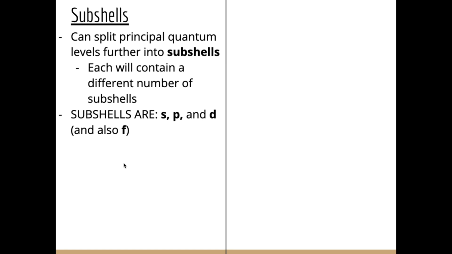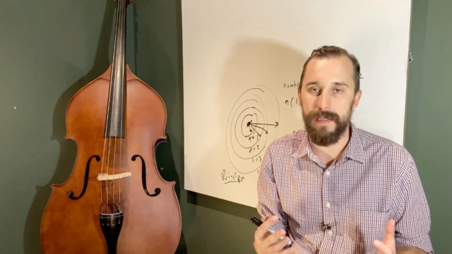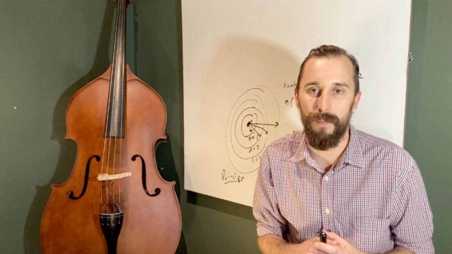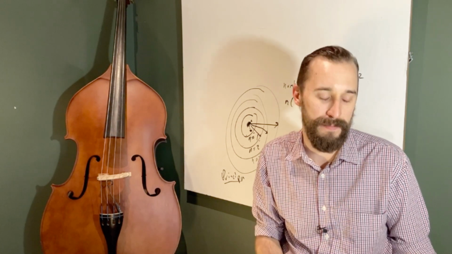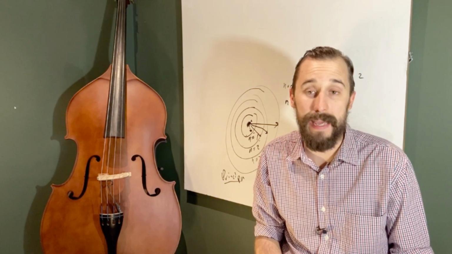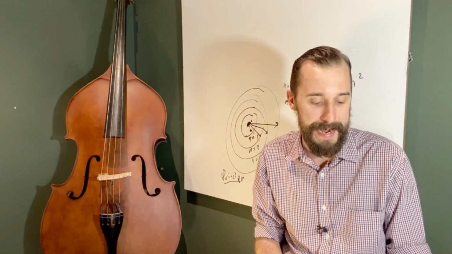The subshells are given these names S, P, D, and F. All we're really concerned with in detail are S and P. We're going to just talk about the idea that a D subshell exists. This F subshell also exists, but the D and the F become increasingly, really, really complicated. So we focus on the S and P. But these are the names of the subshells, S, P, D, and F.